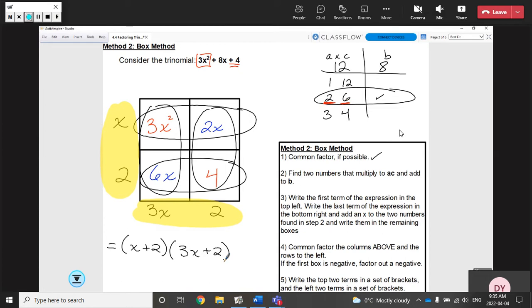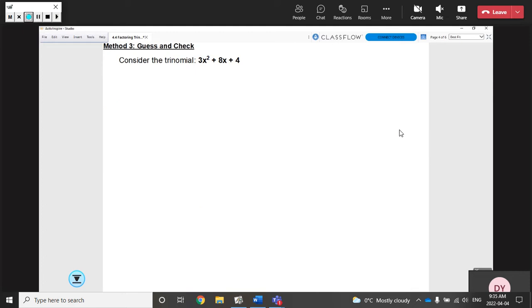Now this last method, it's called guess and check. There's some people in here that might just be so good at factoring that you could just use trial and error. So what I mean by that is, let's think of FOIL, right? We have A plus B and C plus D, right?